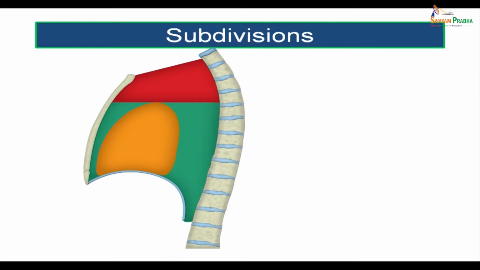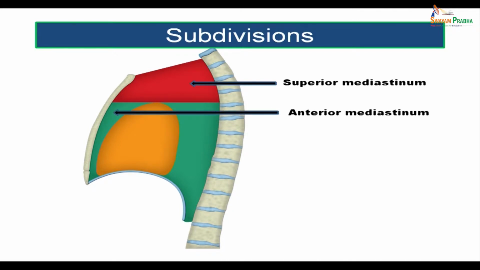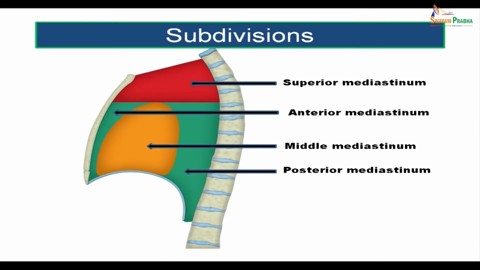Now, let us look at these subdivisions which are part of inferior mediastinum. So, we know superior mediastinum is above the imaginary plane. The inferior is further subdivided by the pericardium and its contents into an anterior mediastinum which is in front of the pericardium, a middle mediastinum which is within the pericardium, and a posterior mediastinum which is behind the pericardium.